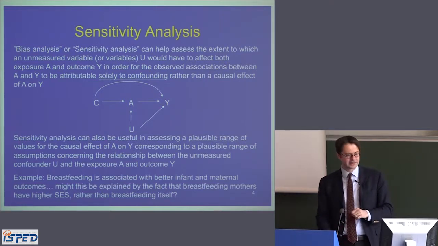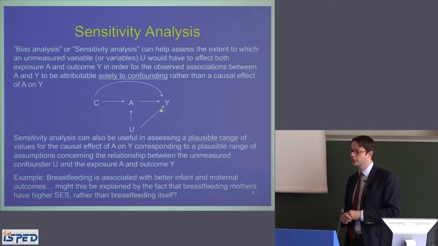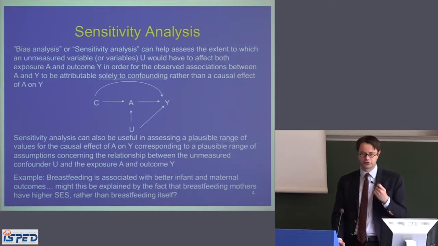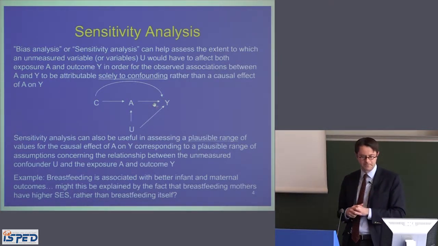How large would those effects have to be? If we have some sense as to the magnitude of the effects of U on A and on our outcome Y, we can also use that to try to form a plausible range of possible values for the true causal effect of the exposure and the outcome.